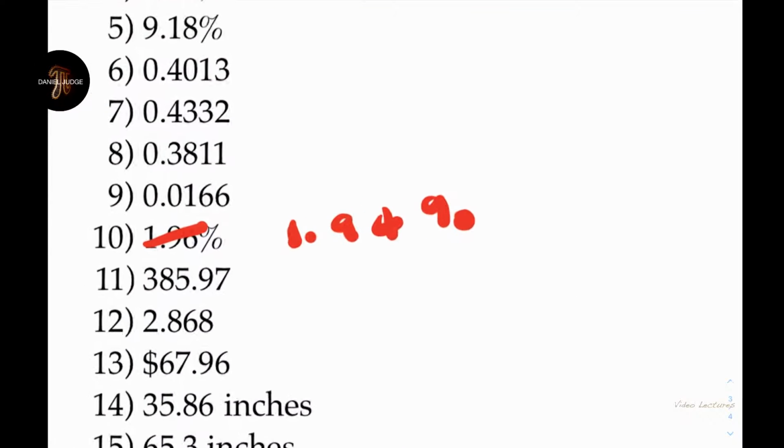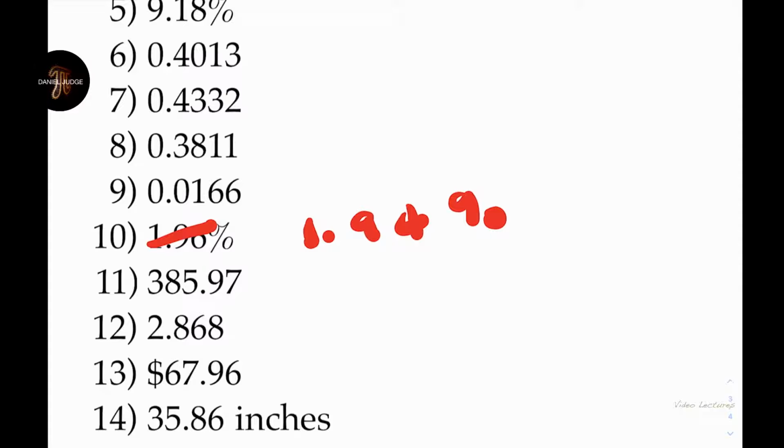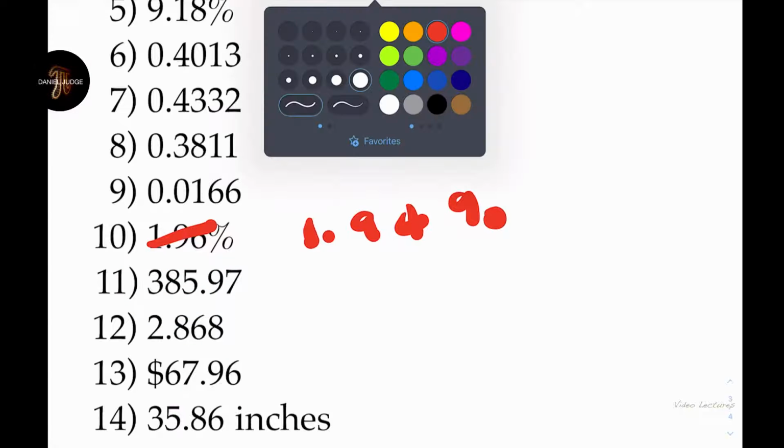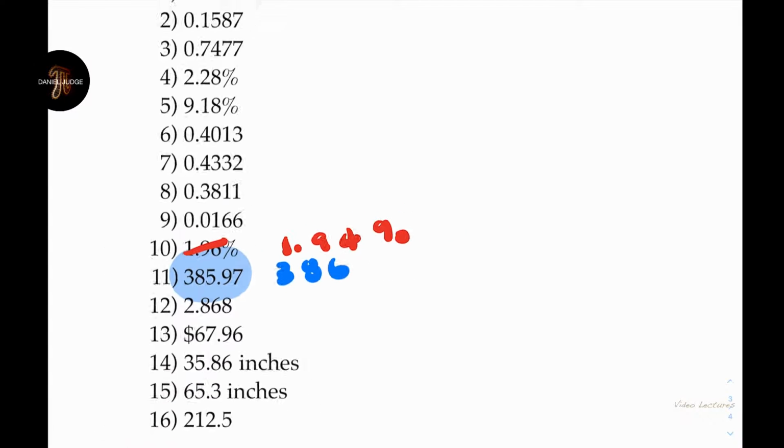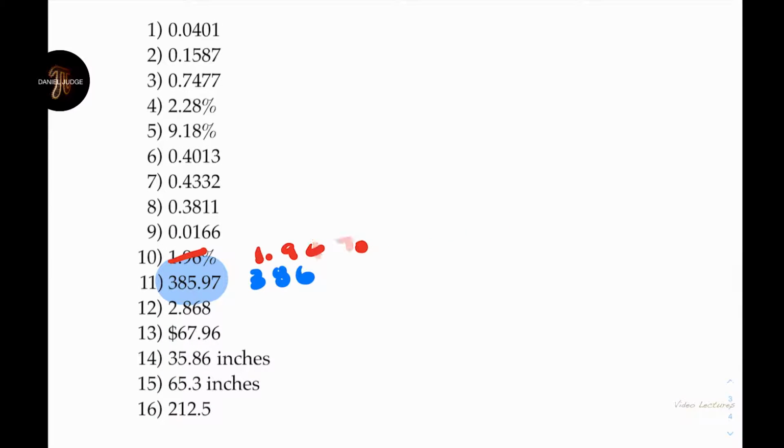And they didn't approximate to the nearest whole number. That's fine. I did. So this is 386. Okay, ladies and gentlemen, get rid of this portion and we're done. 386. Okay, that's what they want to know. It's working backwards.